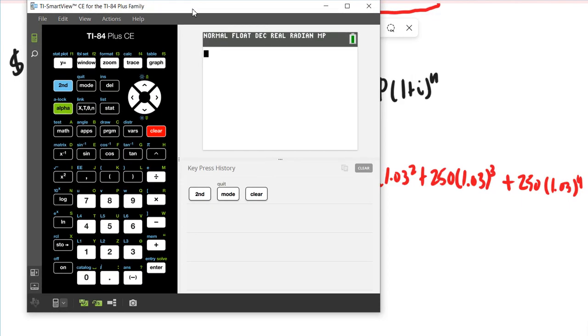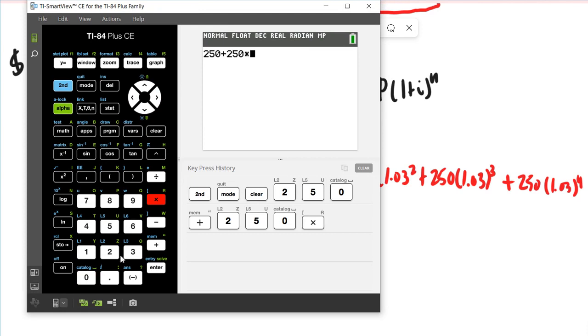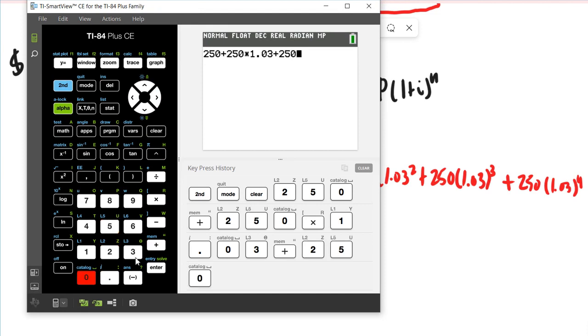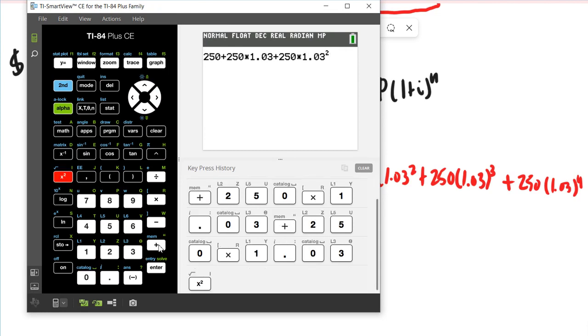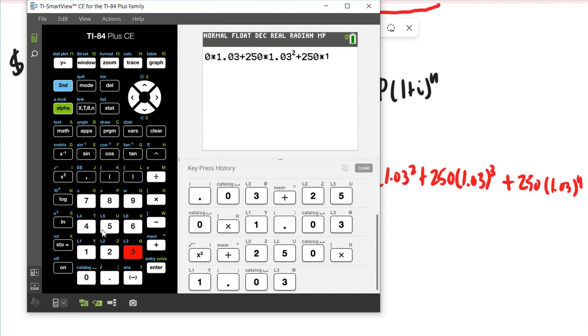Well, we know that it's basically 250, all the way to 250 multiplied by 1.03, plus 250 multiplied by 1.03 squared, plus 250 multiplied by 1.03 raised to the 4th power.